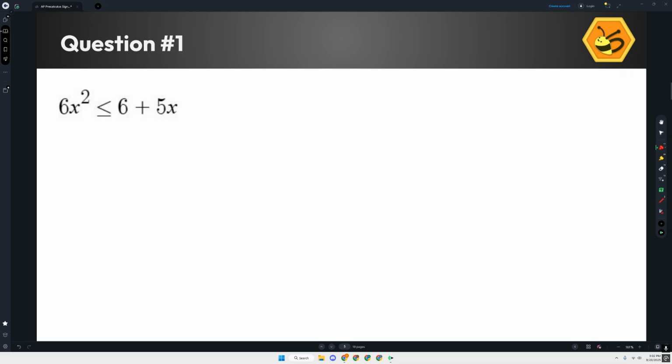That's your goal, to factor into something like x plus a times x plus b, and then set it equal to 0. That's the goal of sign charts.